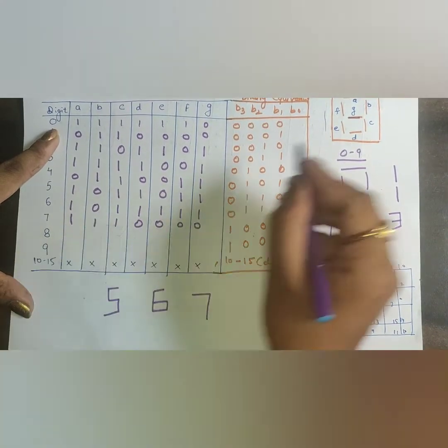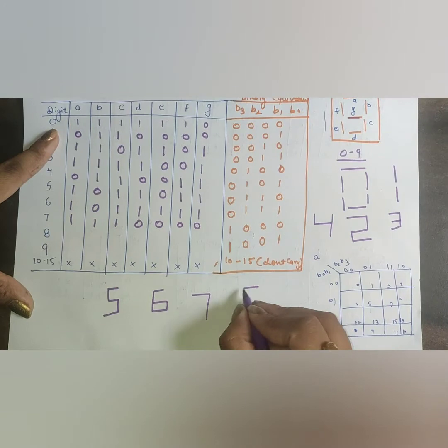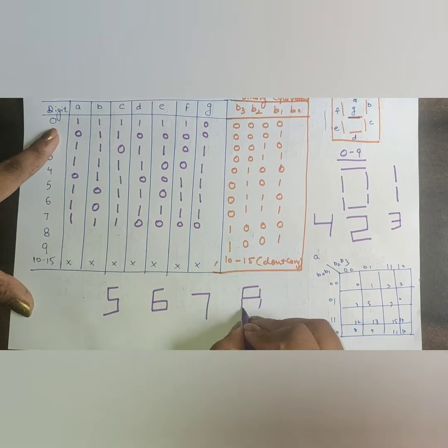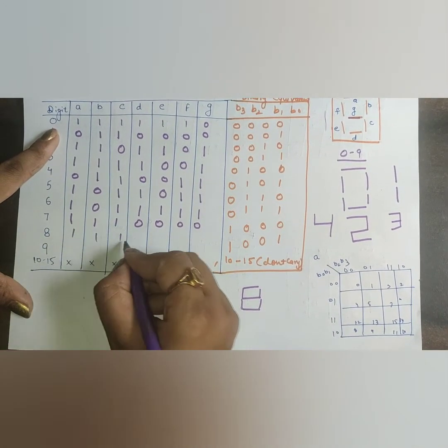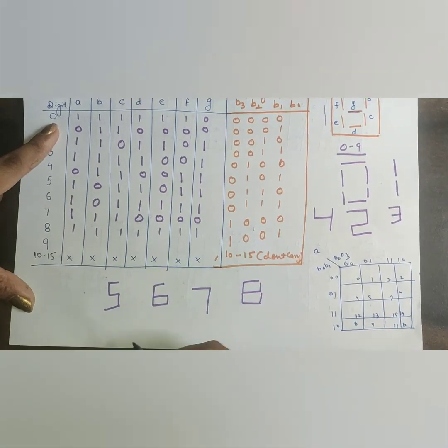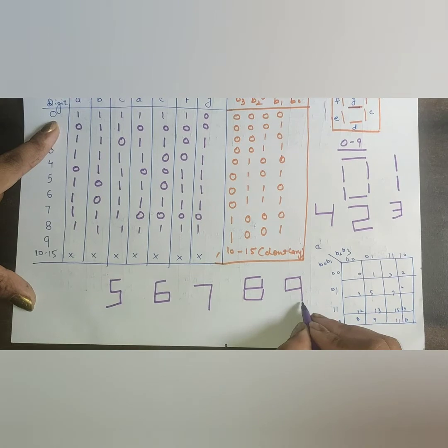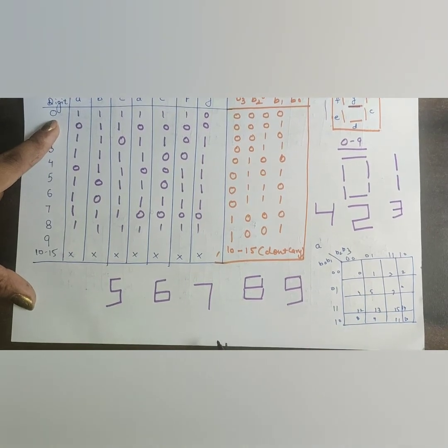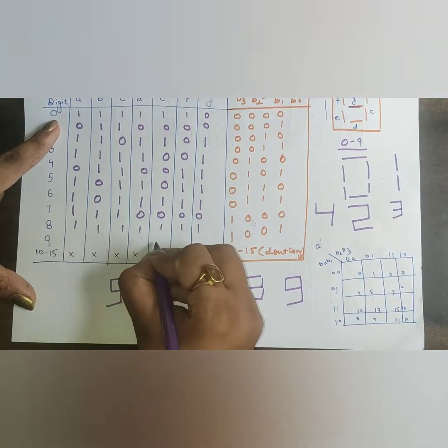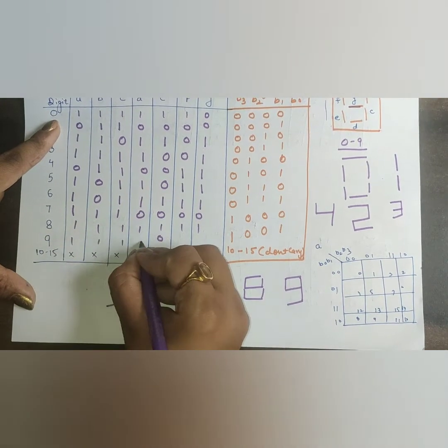Now 8 will be all the inputs on. Now 9 will be like this, only E is 0 and the others are 1.